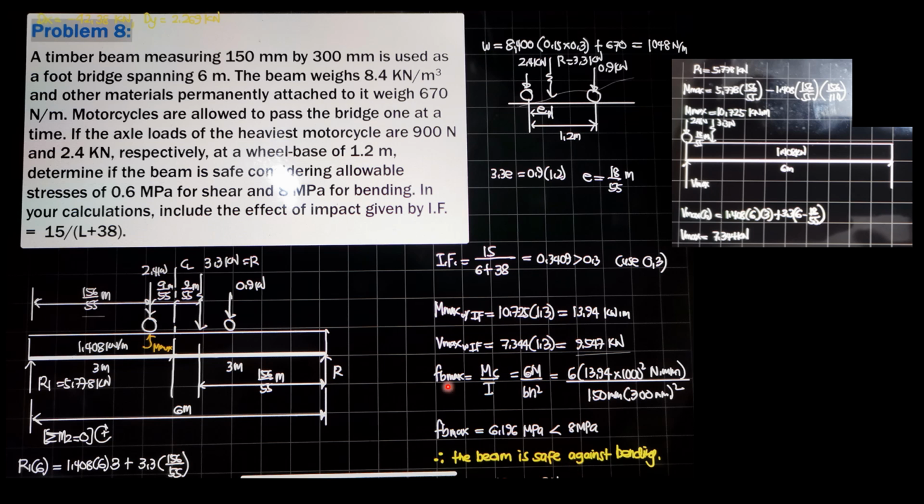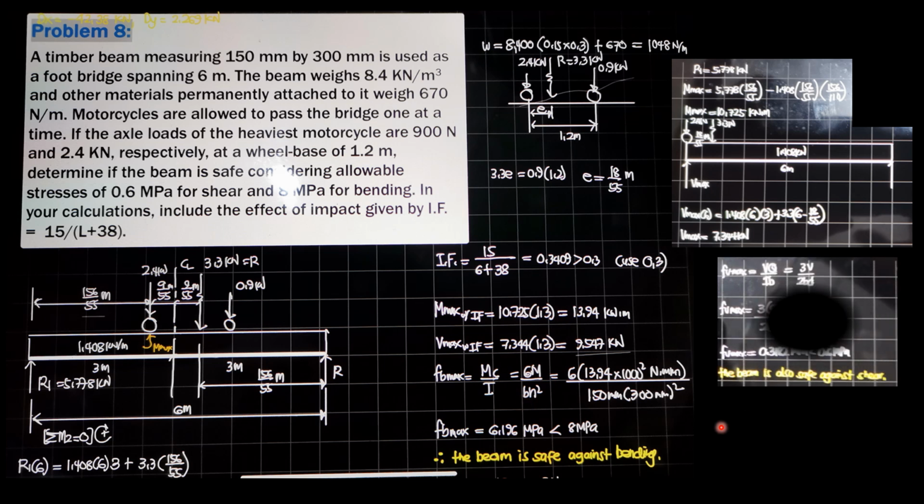Then for shear, the formula is VQ over IB, where V is the maximum shear, Q is the static moment of area, which is the area above the neutral axis, BH over 2, and the moment arm of that area from the neutral axis is H over 4. I is BH cubed over 12, and B is just B, the length of the section where shear acts.